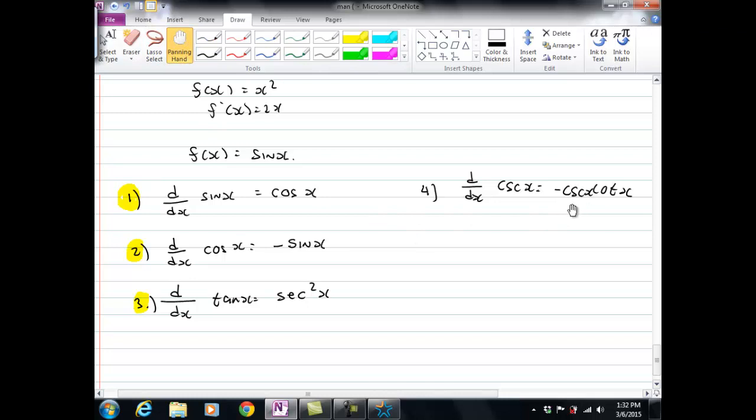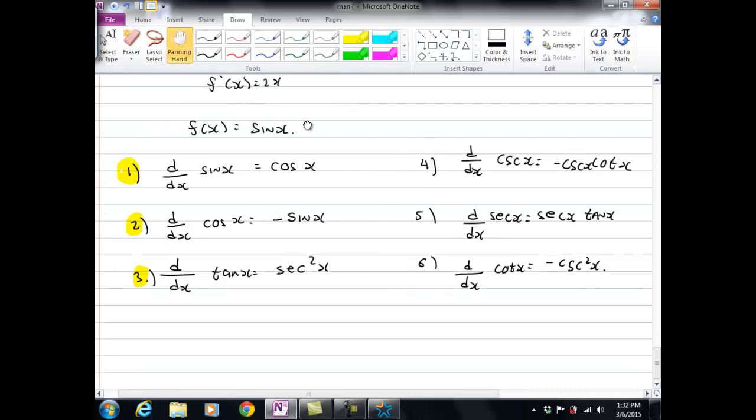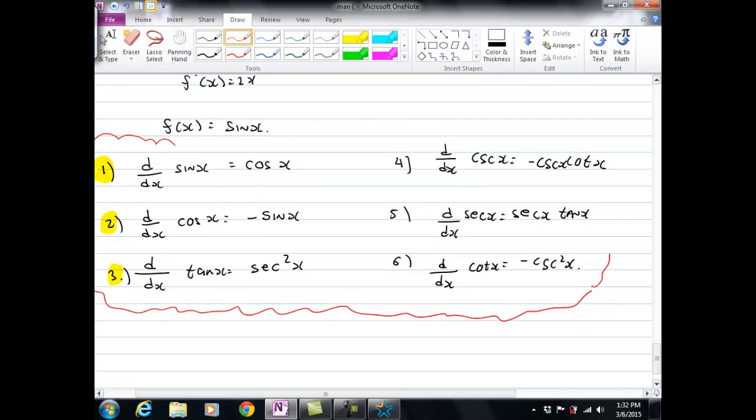Negative cosecant x times cotangent x. 5. d dx of secant x equals secant x tan x. 6. d dx of cotangent x equals negative cosecant squared x. 6 trig derivatives you got to memorize by heart. The first 3 will be used on a regular basis. The last 3 you will see once in a while, but you should know them.